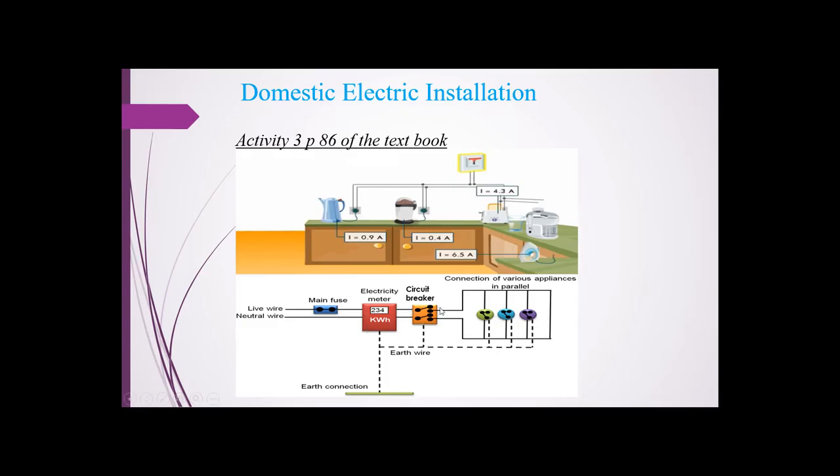And between these two, we have a circuit breaker. These electric appliances are connected to 3 lines: the live line, the neutral line, and the ground line, which is also called earth line.